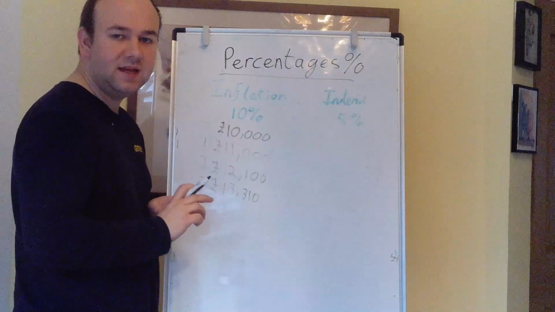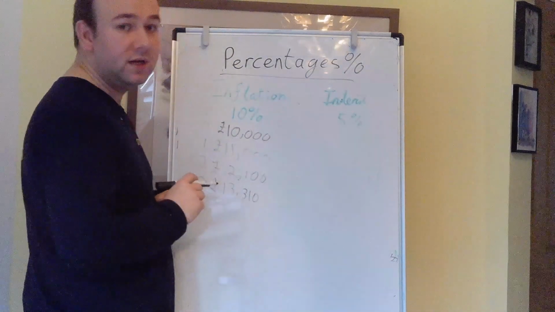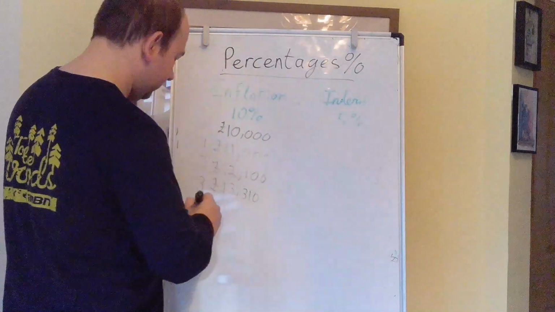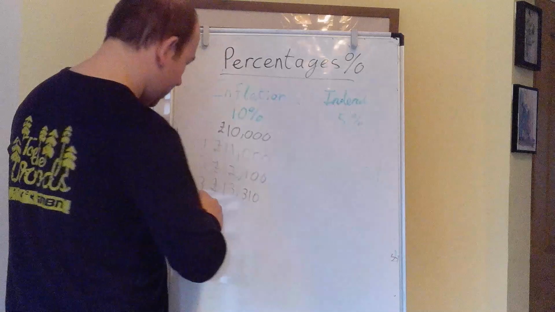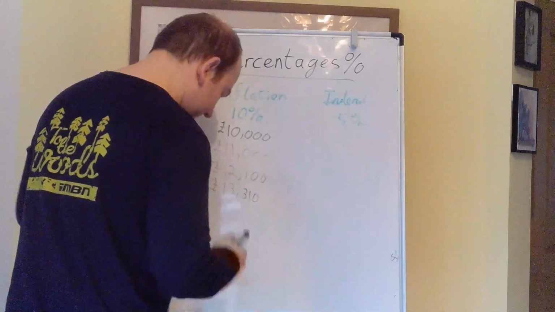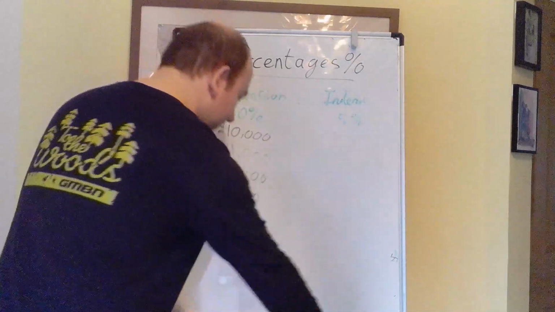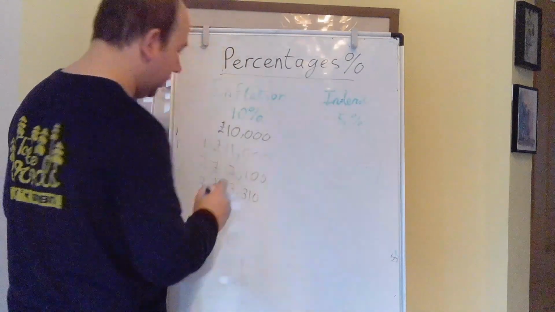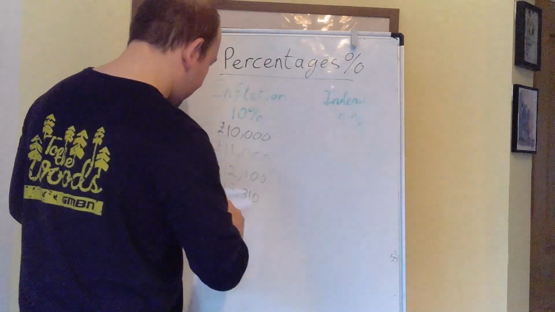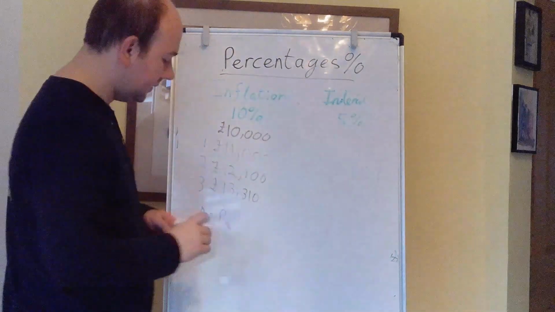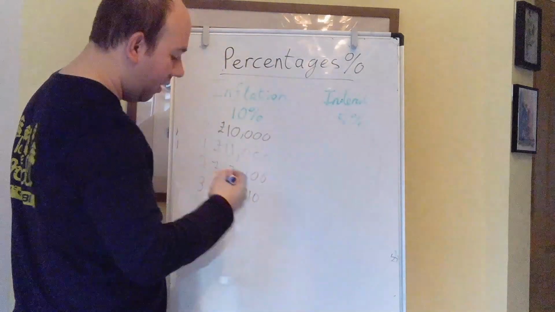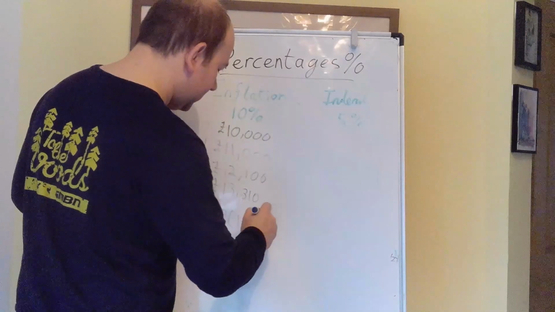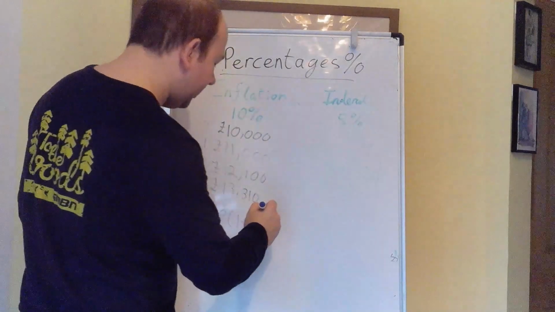However, it gets a little bit tedious, so there is a formula for doing this. We'll call your new value A, and this pen is running out again, so let's see if the blue pen works. So A is equal to the principal sum, which is called P, times 1 plus the percentage, to the power of the number of years.